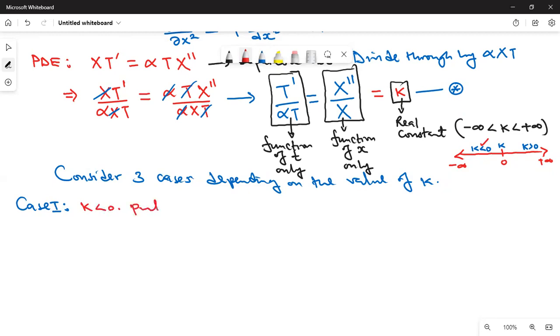So I want us to put k equals negative lambda squared, where, not alpha, that should be lambda, where lambda belongs to the set of real numbers excluding 0. So lambda is a non-zero real number.